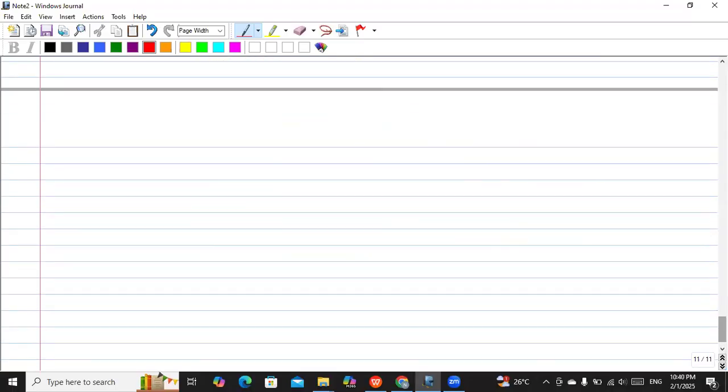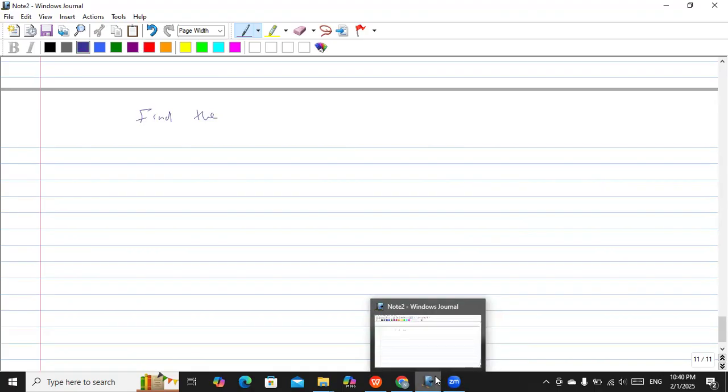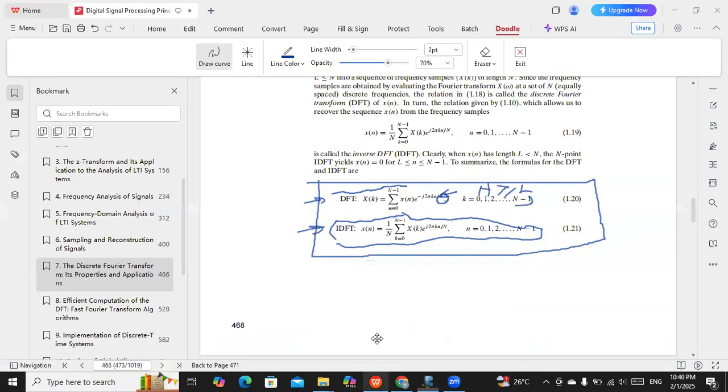If I ask you to find this, maybe we have examples in the book. We will get the example from a book. I think it will be easy.